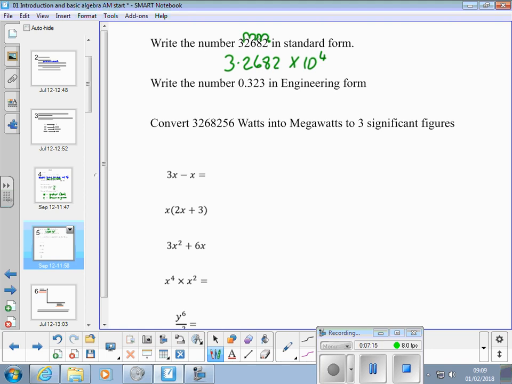What about the number 0.323 in engineering form? So as a derivation of standard form. Similar to standard form, but with an extra qualification on it.